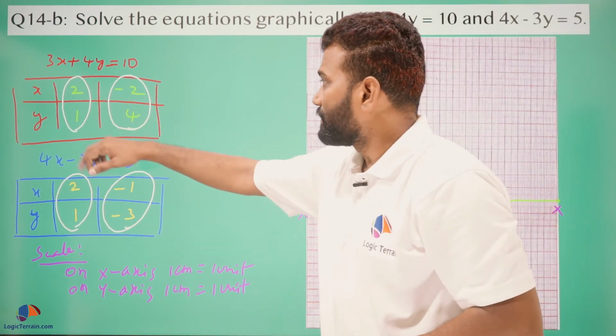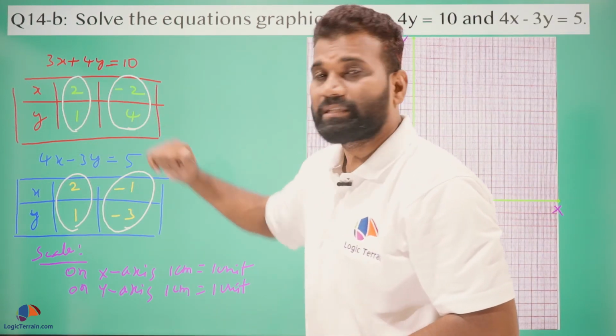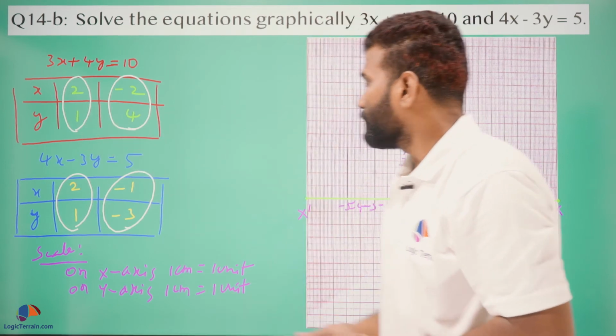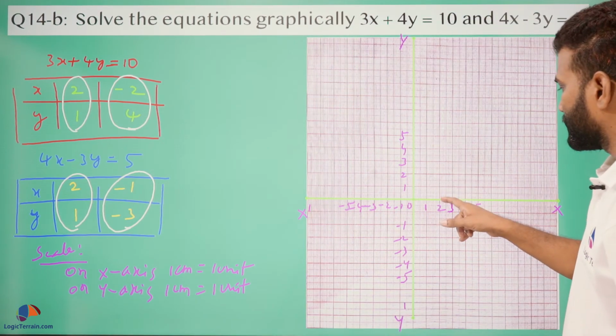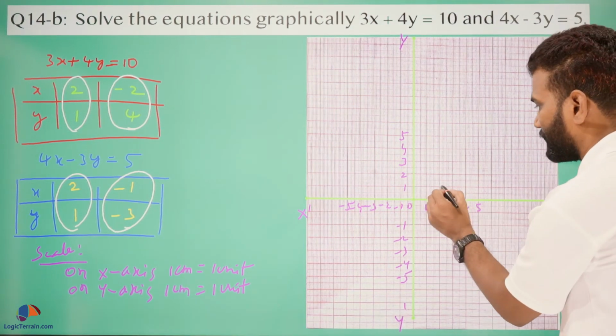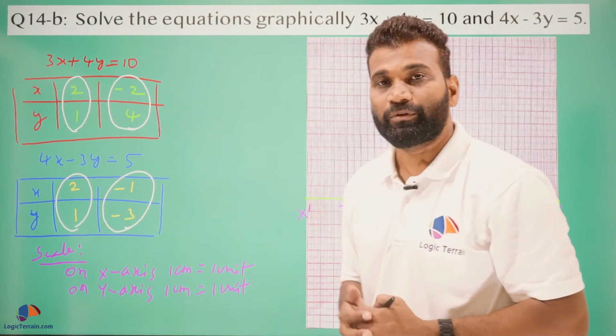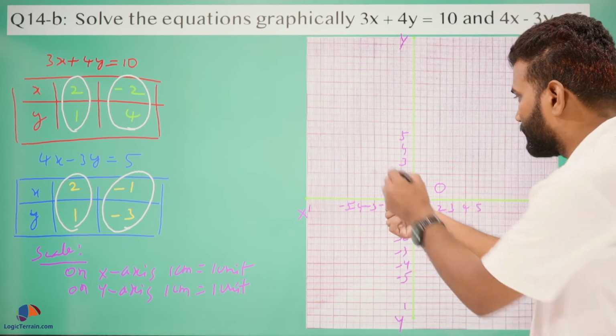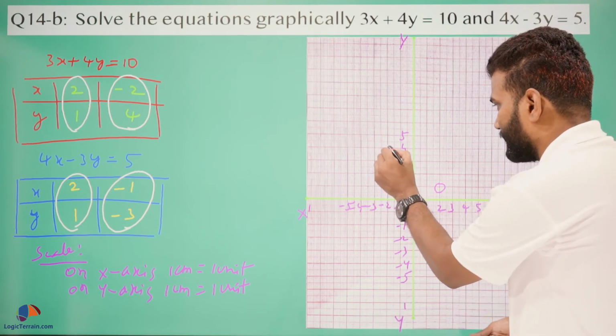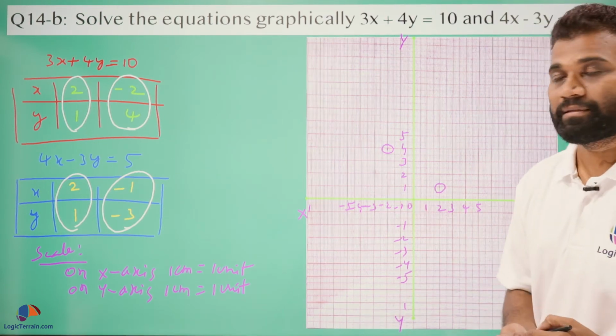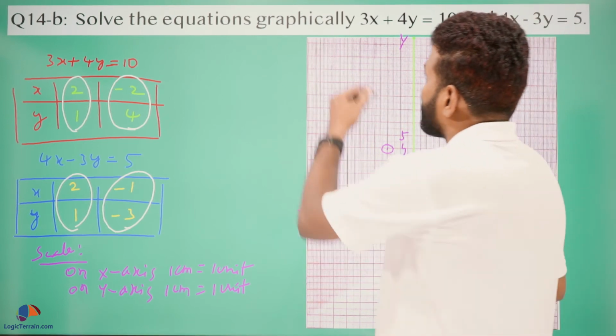Now we'll plot the points of the first equation: 2 comma 1. On the x axis 2, y axis 1, these two meet here. Then negative 2 comma 4, on the x axis negative 2 and y axis 4, these two meet here. This is the point. Now let's join them.